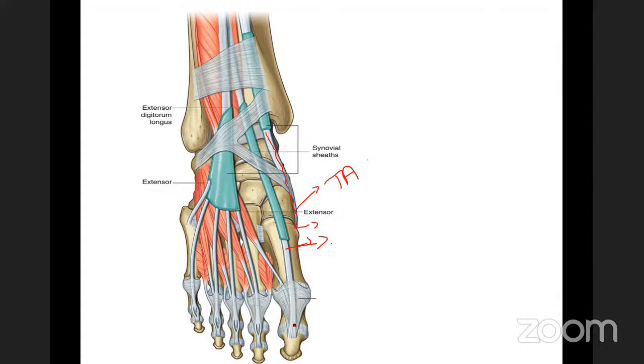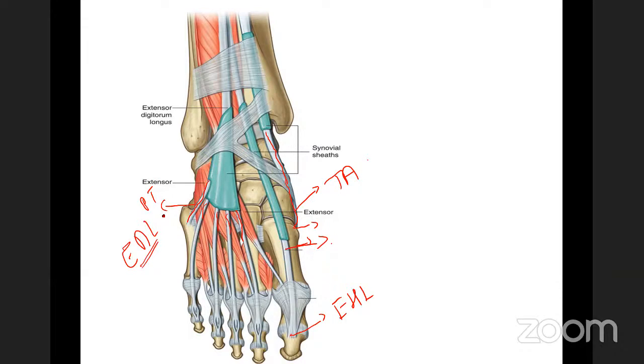Now this tendon here, which is attaching to the base of the terminal phalanx, is called extensor hallucis longus. This muscle, which is forming four tendons, is called extensor digitorum longus, and this fifth tendon is called peroneus tertius. This peroneus tertius is a detached part of the extensor digitorum longus.